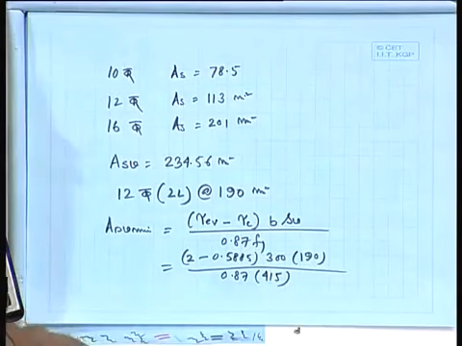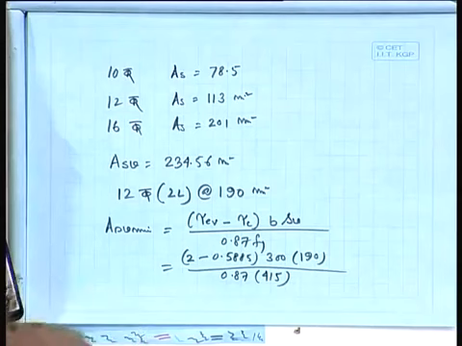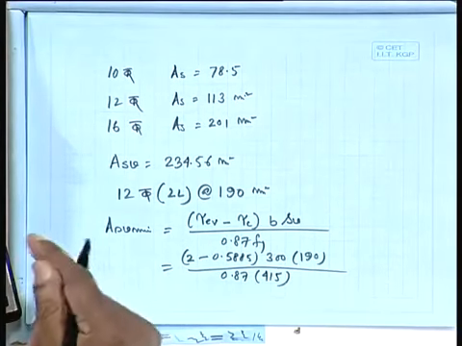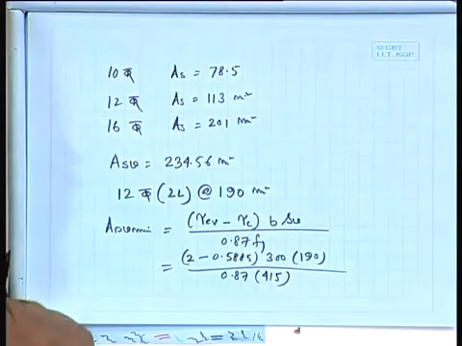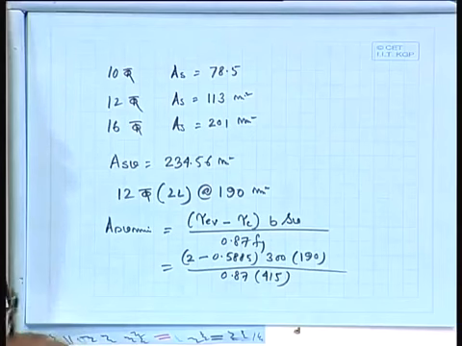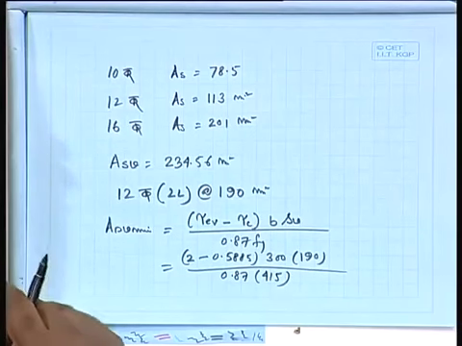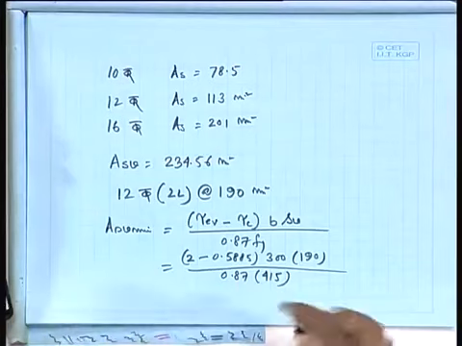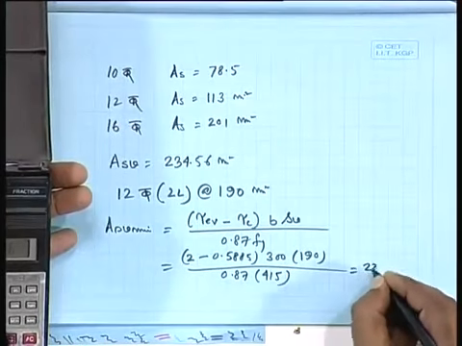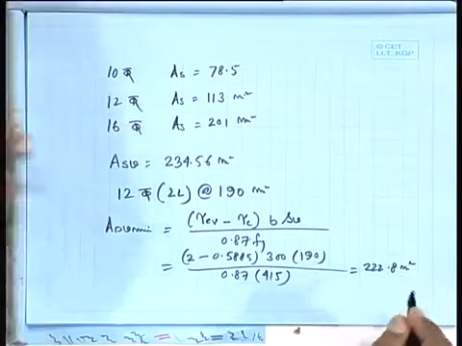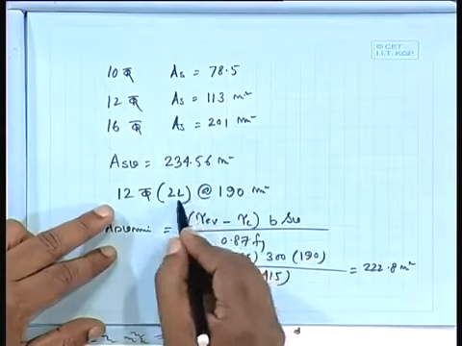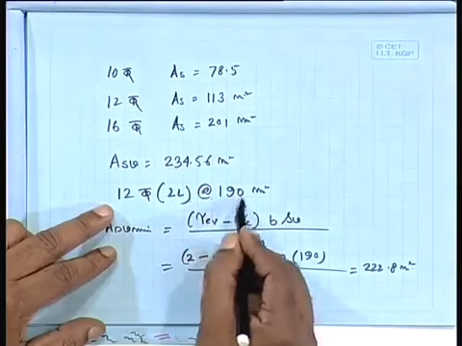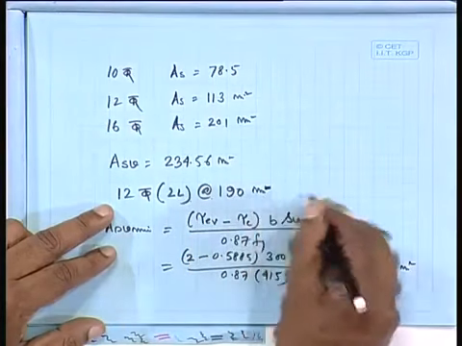So 2 minus, we need not check it this way, we can check it directly by the dividing also. So which is coming as 222.8. So that means we can provide that 12 torr two-legged at the rate of 199 millimeter.